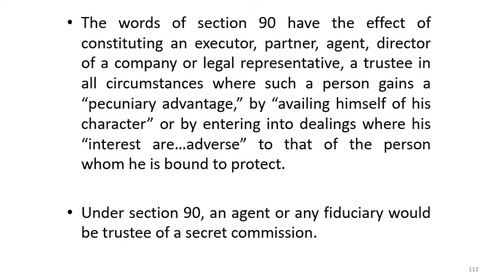Under section 90, an agent or any other fiduciary would be a trustee of a secret commission. This is like a secret commission, or in other words you can say bribery also. But here we will simply say secret commission by using the office of trustee, executor, partner, agent, director, legal representative. He got some sort of secret commission, but he must hold such secret commission for the benefit of the company.